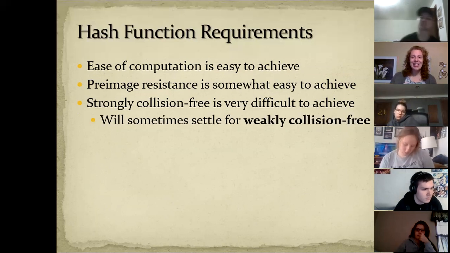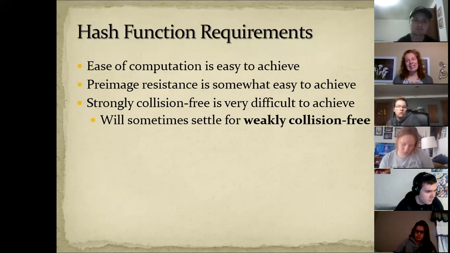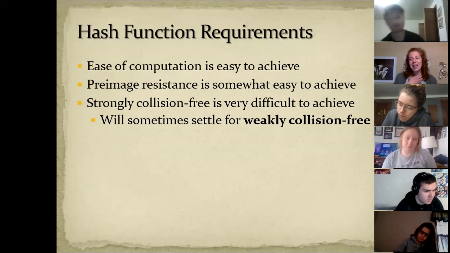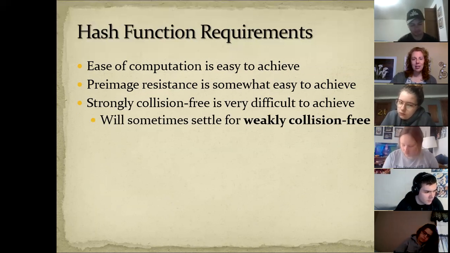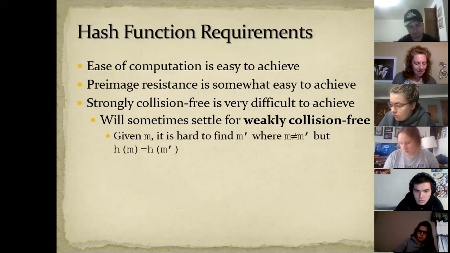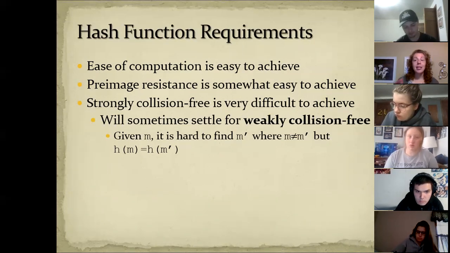So instead, what we're going to do is say, I don't like this, but let's relax our requirement just a little bit. So we're going to instead settle for something called weakly collision-free. Here's what weakly collision-free is. If I give you a message, it's hard to find another message that hashes to the same value.